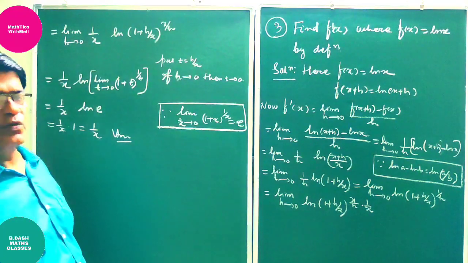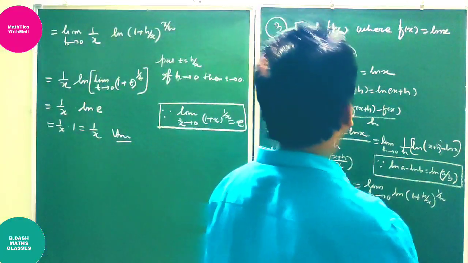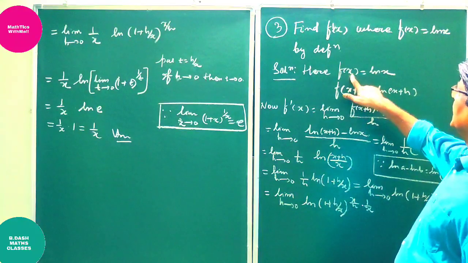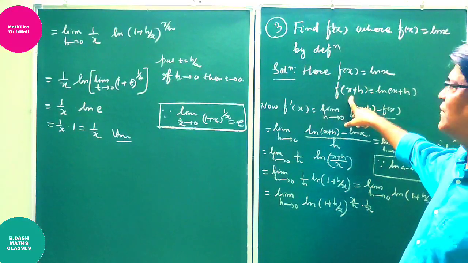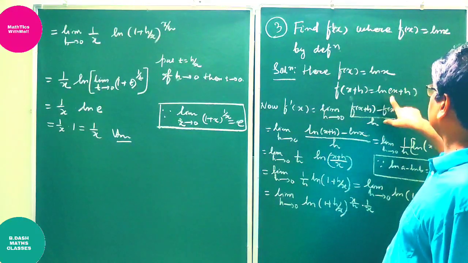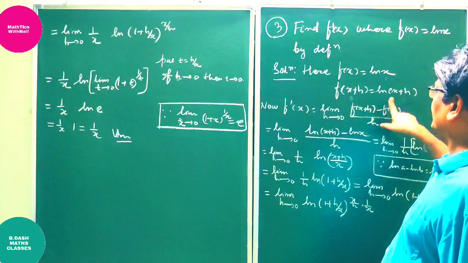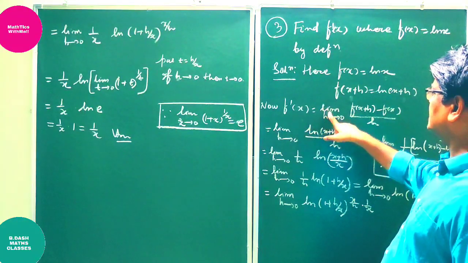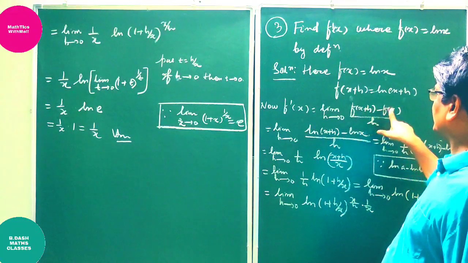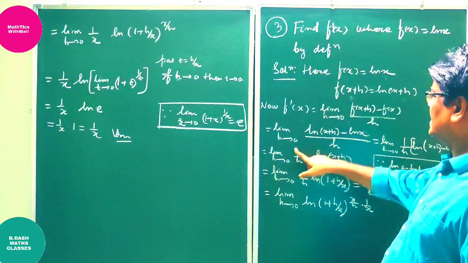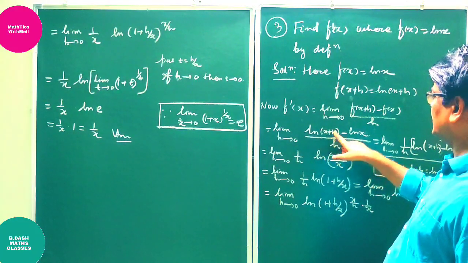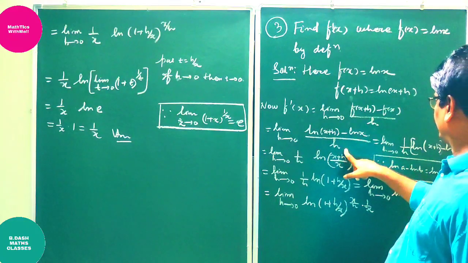So here in this question, f(x) is equal to ln x. Here this x is replaced by x plus h, and here this x is replaced by x plus h. Now f dash of x is limit h tending to 0, f of x plus h minus f(x) divided by h, limit h tending to 0 ln of x plus h minus ln x by h.